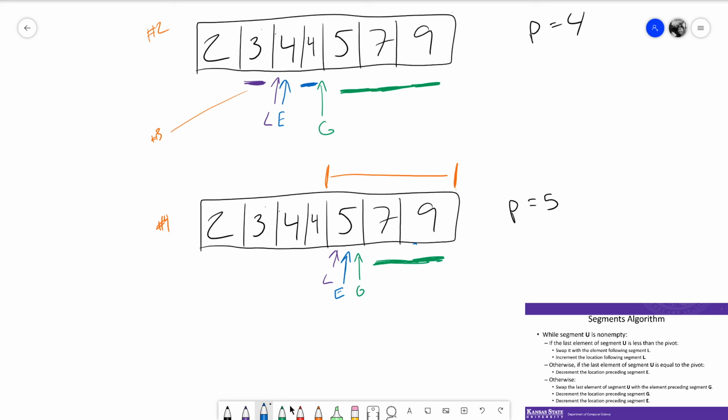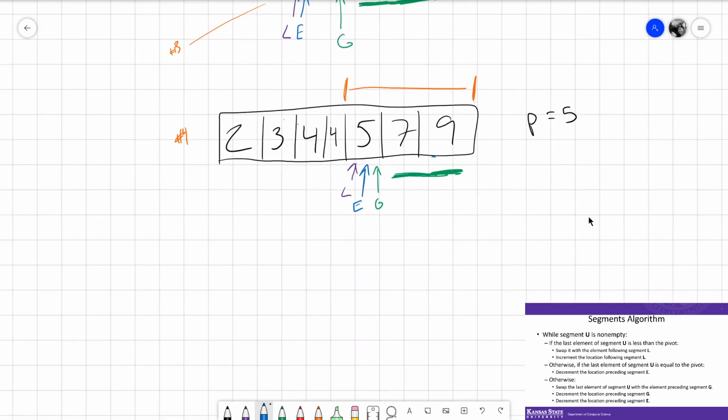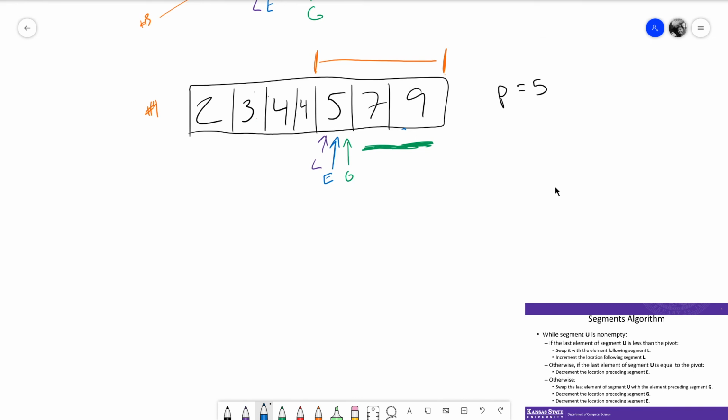And so then we would call our quicksort again on our greater than segment.